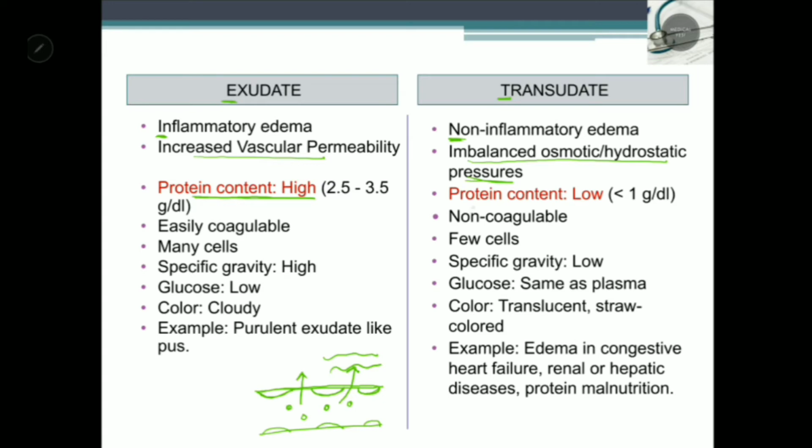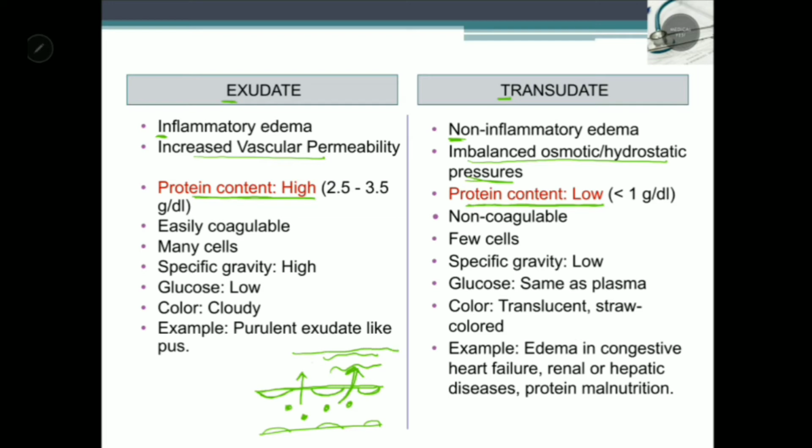While since there are no gaps formed in the endothelial lining of the vessel in non-inflammatory edema, the proteins do not have a way out, which is why the edema fluid is low in protein content.